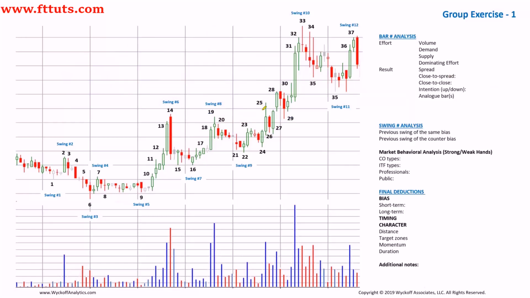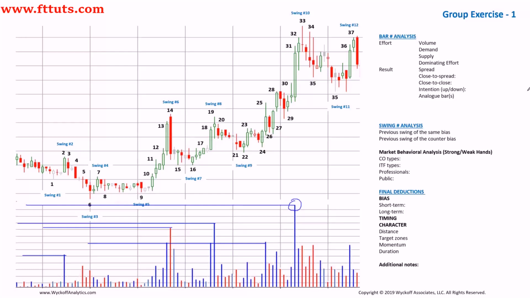Okay, so bar 31 is interesting because of the volume signature. It's huge. It's the largest volume signature that we've seen from prior bars. And this is what, 1, 2, 3, 4. Out of the 5 volume signatures, this is the highest. And obviously a very bullish bar.